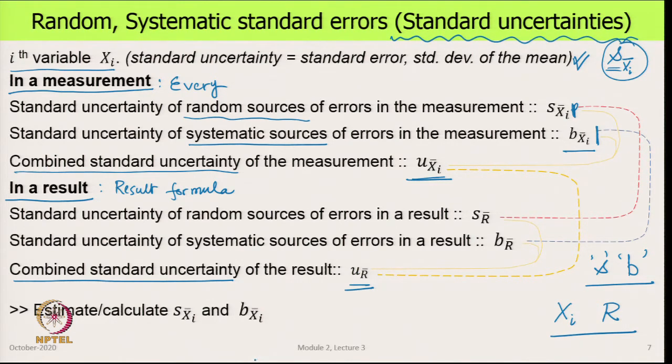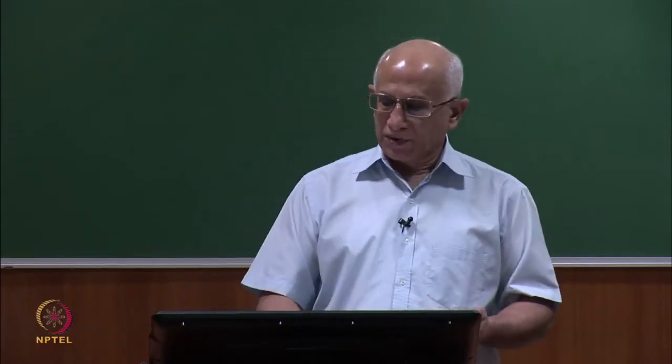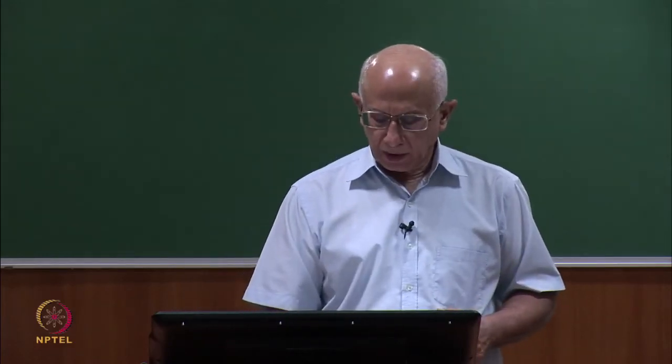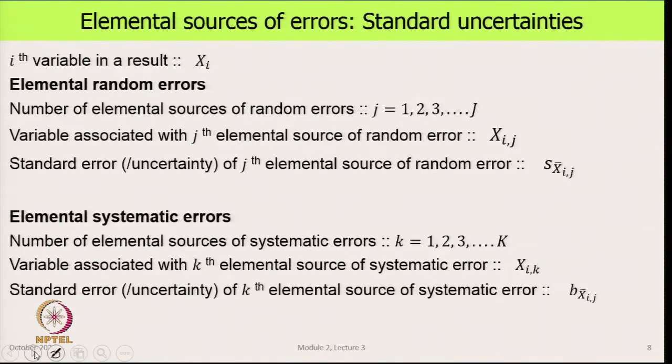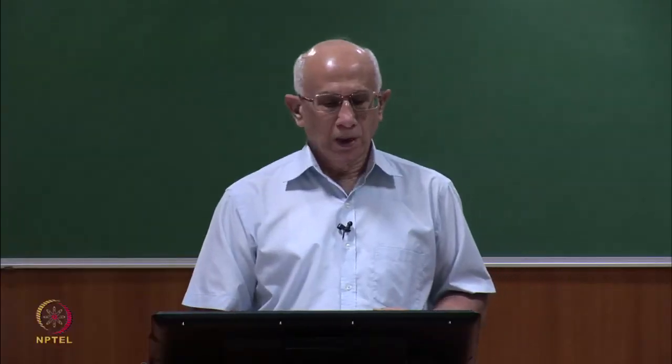So, now we go one step back and say, how do I calculate these two numbers S xi bar and B xi bar? Then we will see how to get S r bar, B r bar. So, that is our next step, S xi bar and B xi bar.